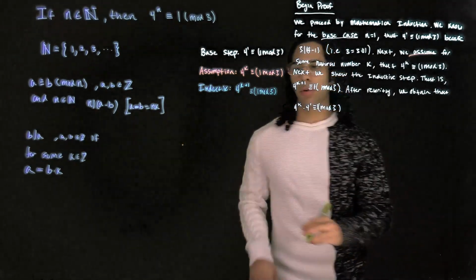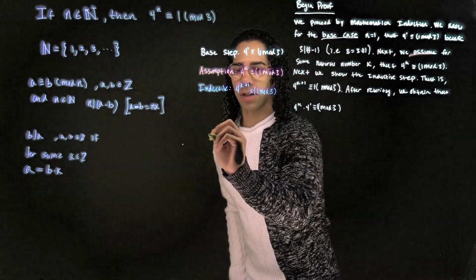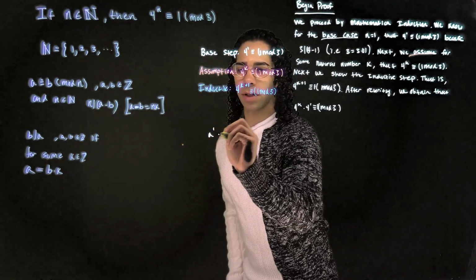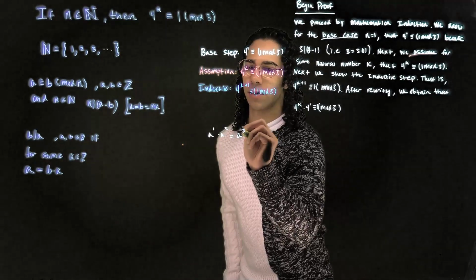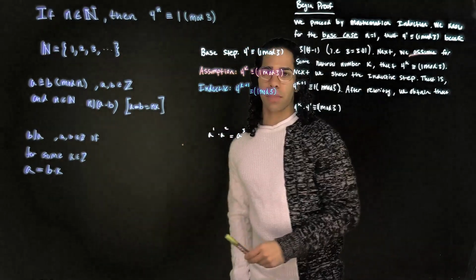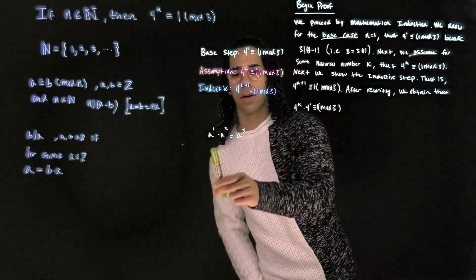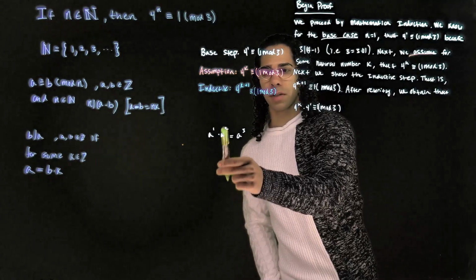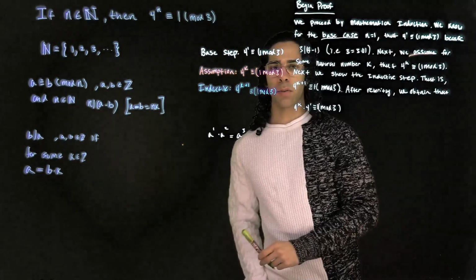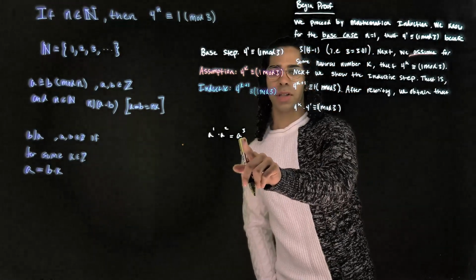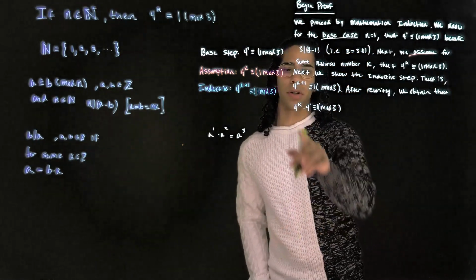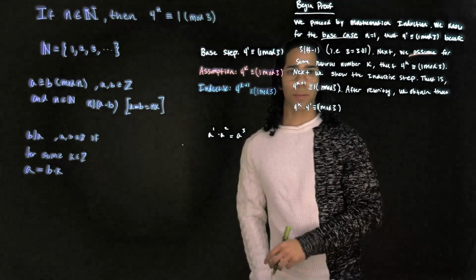And I'm relying on a property of algebra that says, for instance, if I have a to the 1 times a to the 2, this is the same as saying a to the 3. If I have the same base raised to a power times a base raised to a power, then I just combine the base into one and I add their exponents. And so I'm going to reverse that and say, well, I have 4 to the k plus 1, so then I have 4 to the k times 4 to the 1.